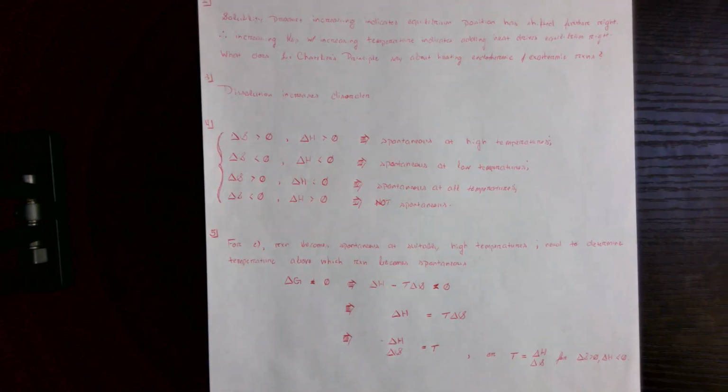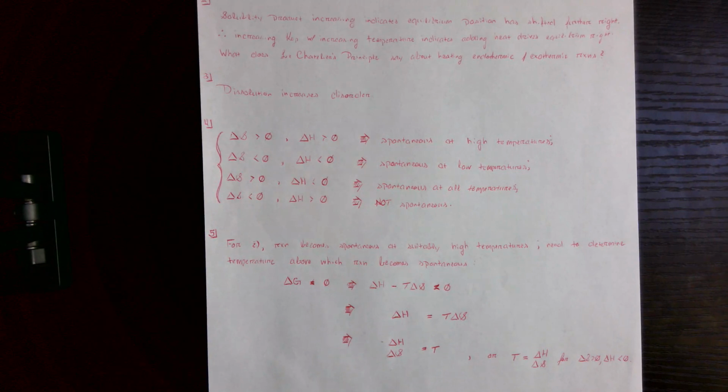Number 3 is simple. It just asks, would you expect the delta S value to be positive or negative? Dissolution increases disorder, okay? And you're dissolving here. In general, when you take something and spread it over a larger volume, that increases the disorder. And so I would expect the entropy to increase.